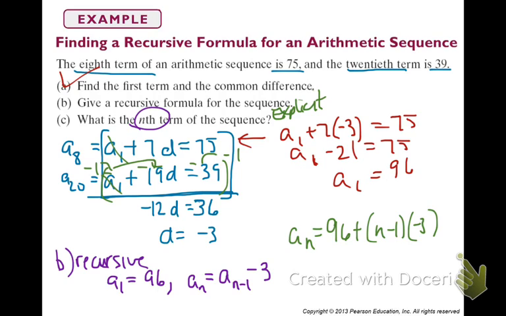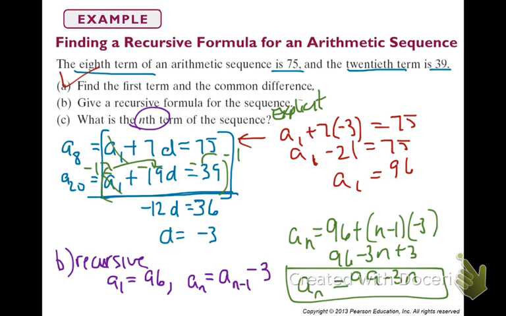So let's simplify that down. So negative 3n plus 3. 96 plus 3, so 99 minus 3n. And there is your explicit. There you go. Your explicit and your recursive.